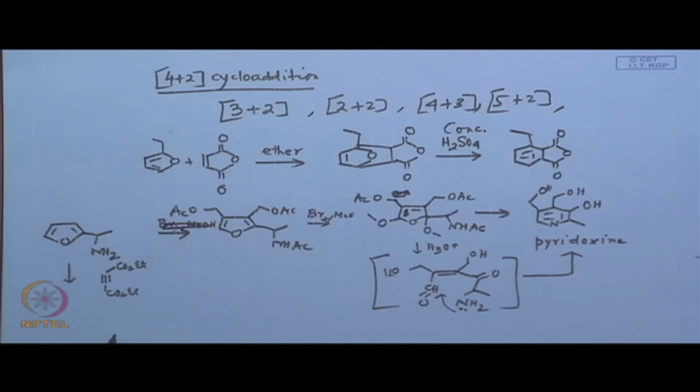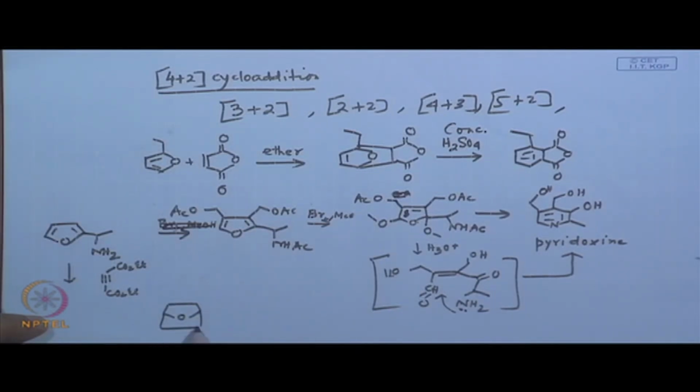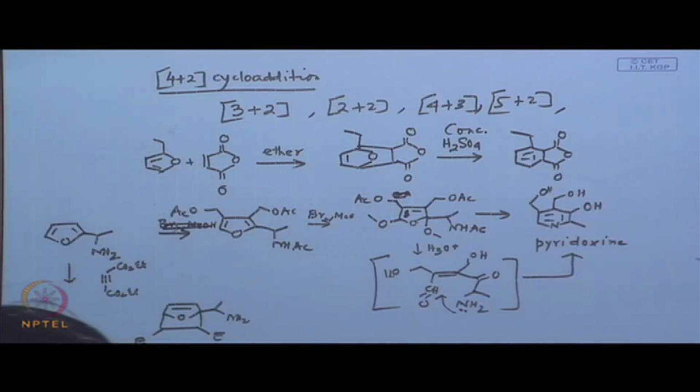If you do so, what do you expect? I will write it linearly. So you will expect a reaction. I will write E as the ester, and then this amine and this, then you have a double bond. Then what?